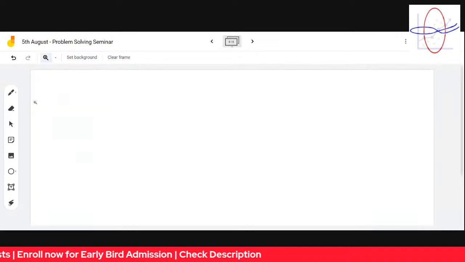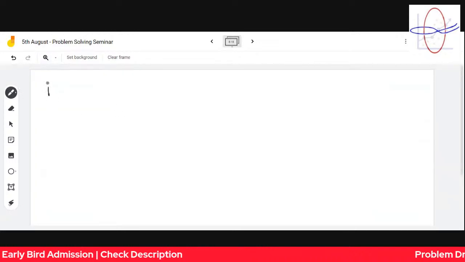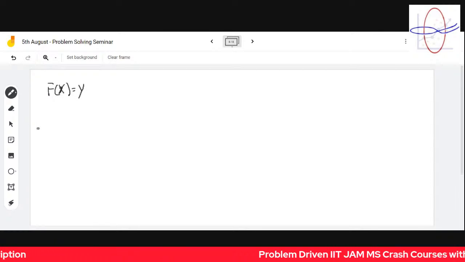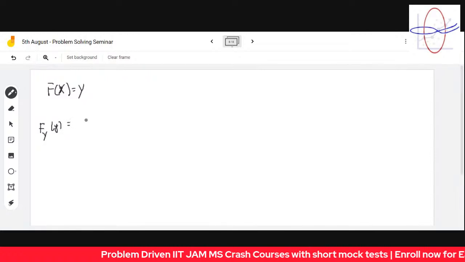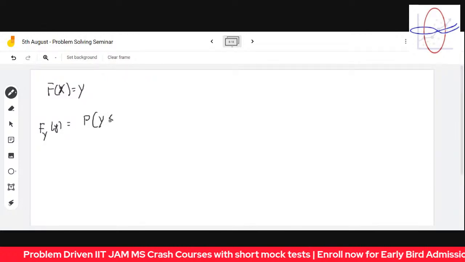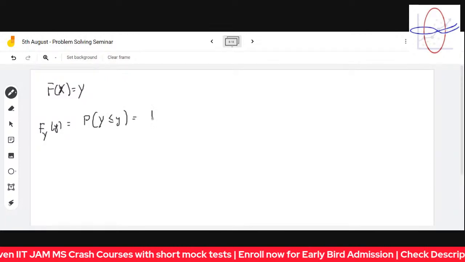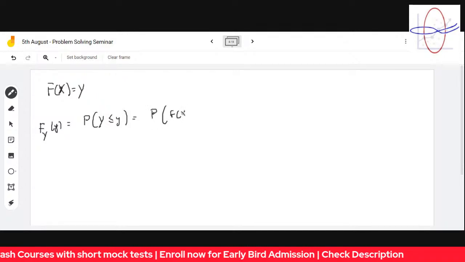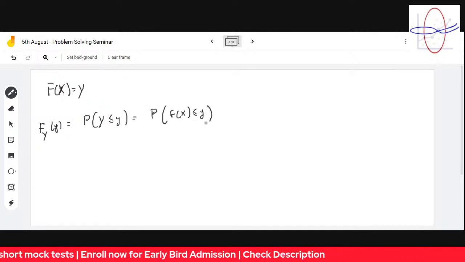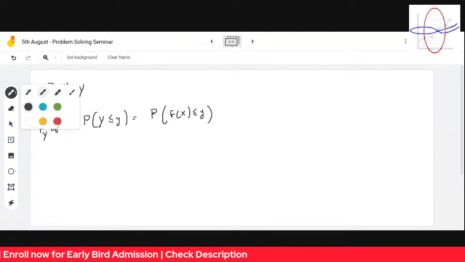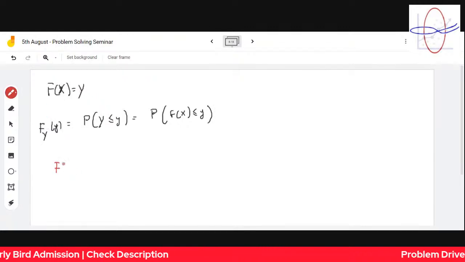So what we will do now, let's take F of x to be Y. So we have got F of y is the probability that Y is less than or equal to y, which is the probability that F of capital X is less than or equal to small y. Now understand this, something interesting. What is F? It is a CDF, right?